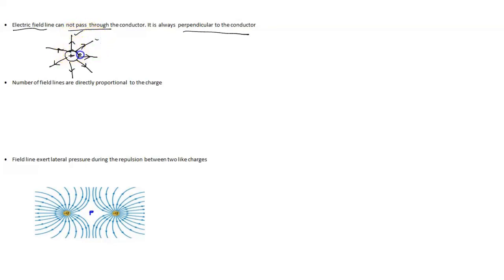If we consider this one, this field line is perpendicular. So every field line coming from the positive charge is perpendicular to the conductor. It cannot pass through the conductor. It is not possible. So the fifth property tells us that electric field lines cannot pass through the conductor and are always perpendicular to it.